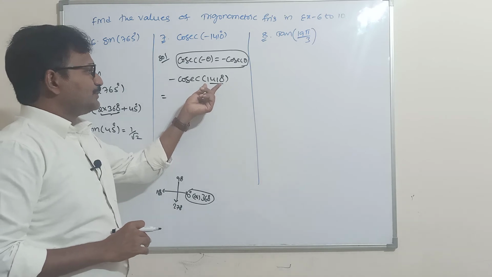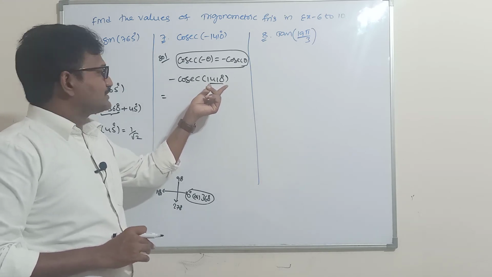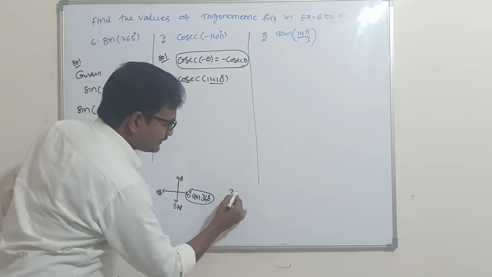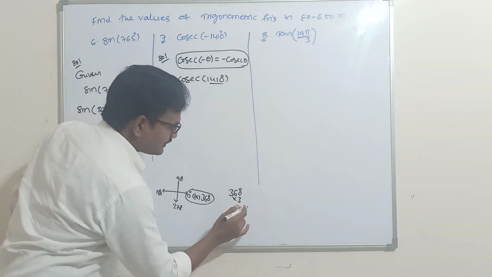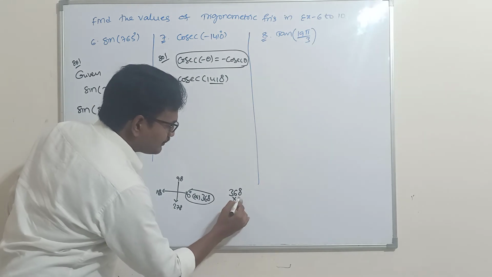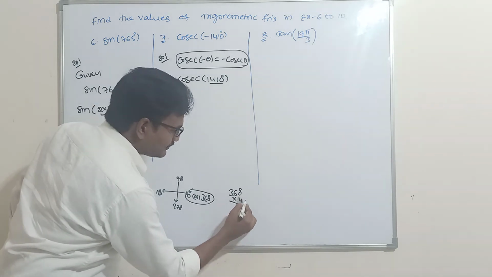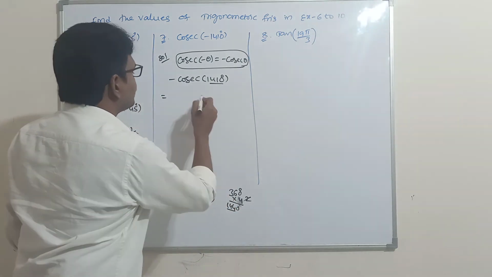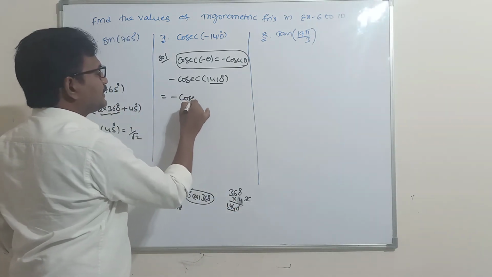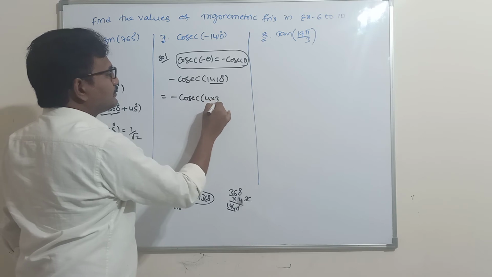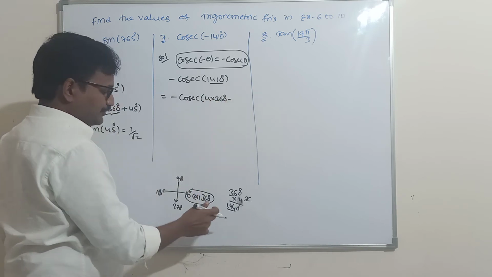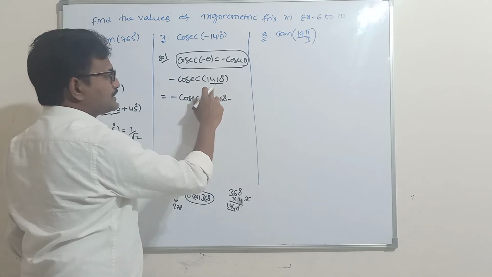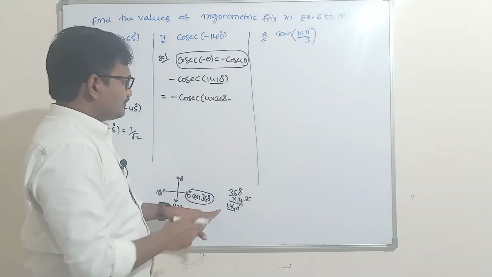So write 1410 degrees. How many multiples of 360 degrees can we take near to 1410? If you take 4 into 360 degrees, the value is 1440, which is near to 1410.